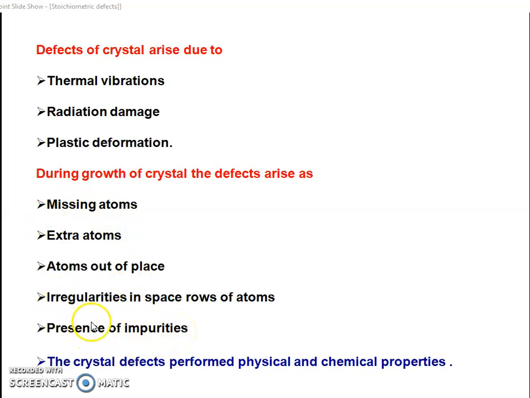Such points also affect the defects or imperfections of crystals during crystal growth.